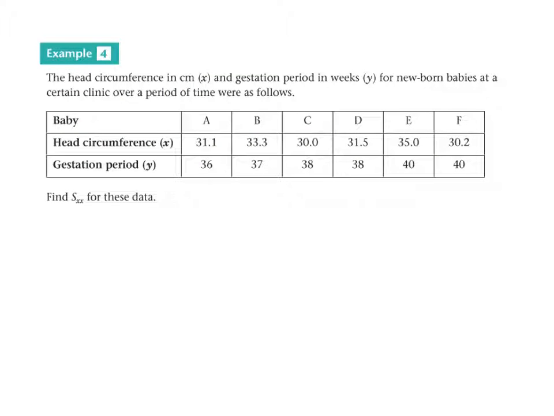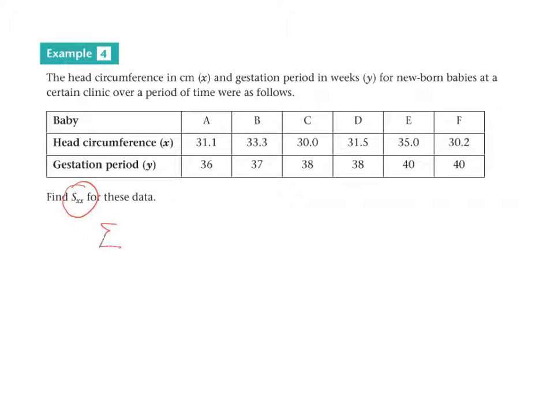Right, moving on to example 4 then. The head circumference in centimetres X and gestation period in Y for newborn babies at a certain clinic over a period of time were as follows. Find SXX. So what do we need?